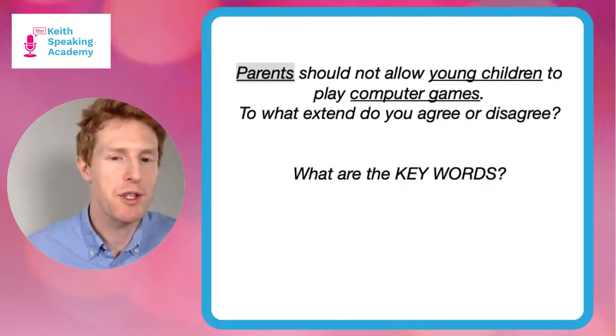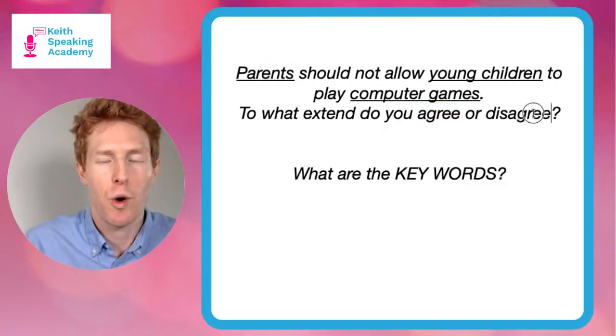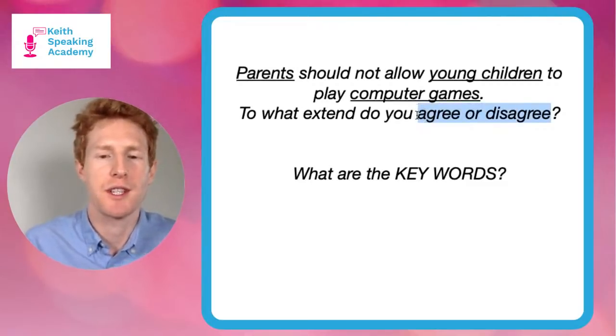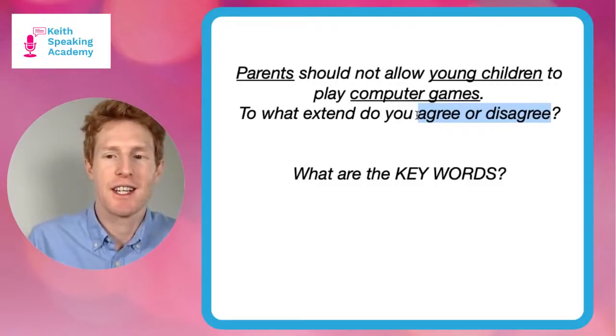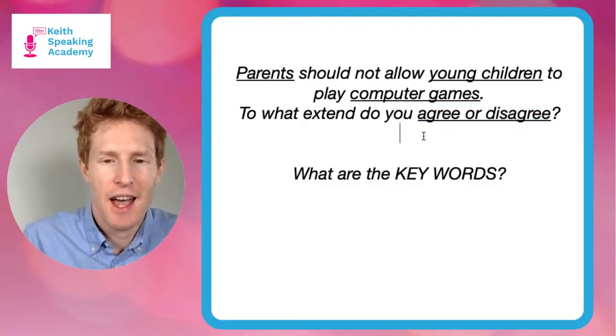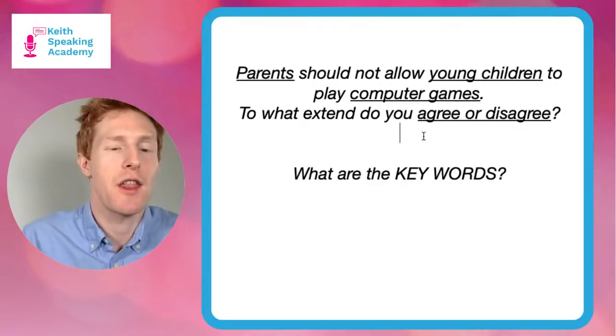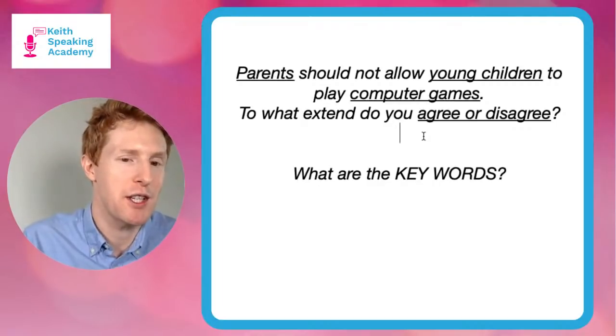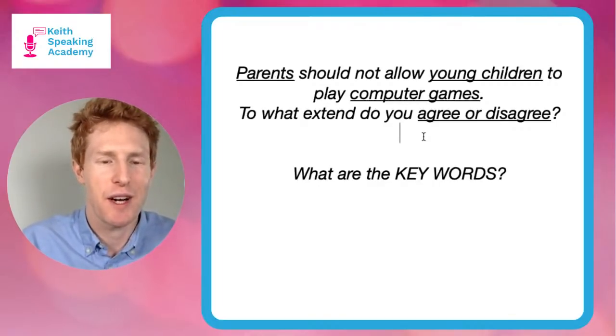Well, I think it's also important to pay attention to what kind of question this is. Right. So in this case, we have "to what extent do you agree or disagree?" So this is an agree-disagree question, and it's the most common type of question that you're going to get in the Task 2 writing test.